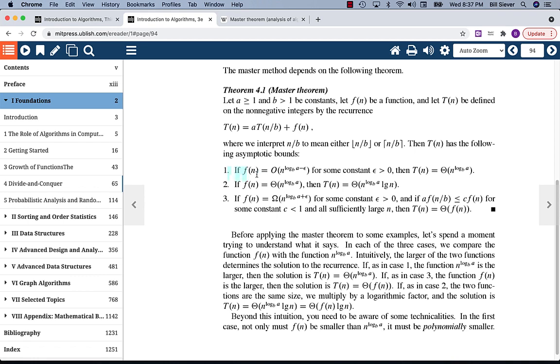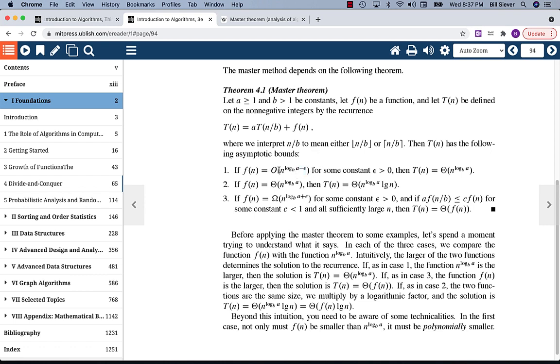They break the Master Theorem down into three different cases, all based on f(n), comparing f(n) to some polynomial function of n against the critical factor. Instead of writing c_crit here, they write log base b of a, which is the critical factor, and they subtract off an epsilon.